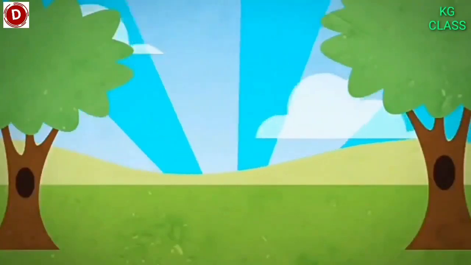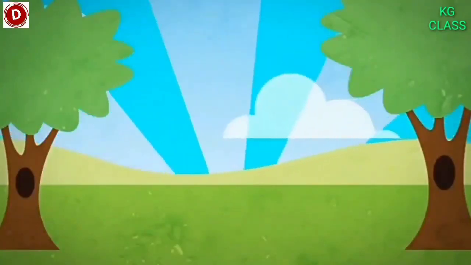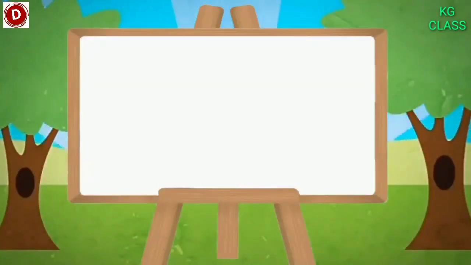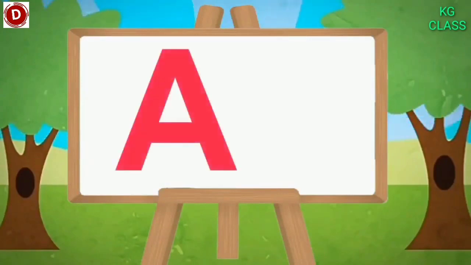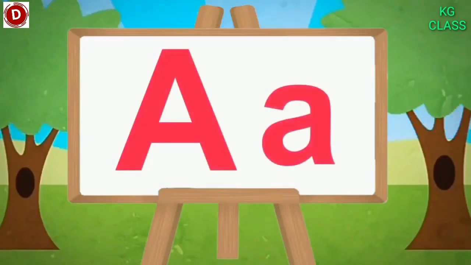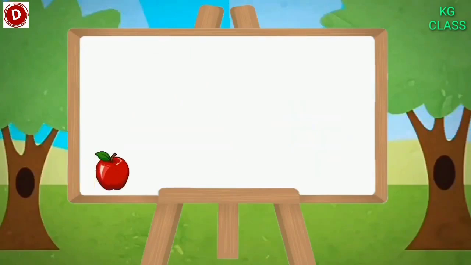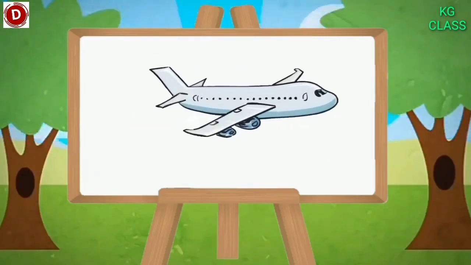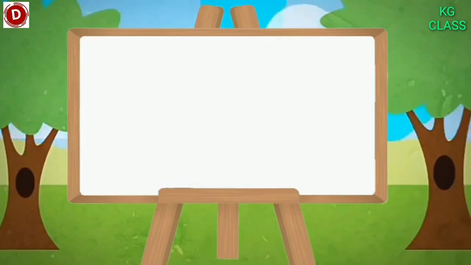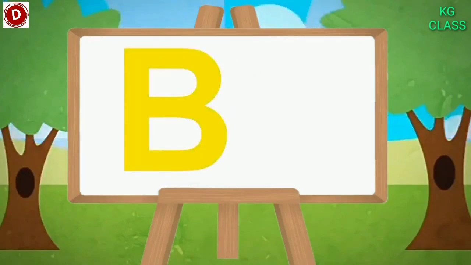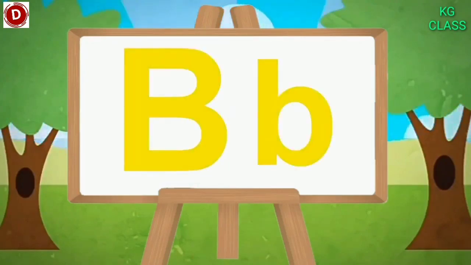Children, now let's learn capital and small alphabet together. A. See, capital A, small a. A for apple. A for aeroplane. Now comes B. This is capital B and small b.